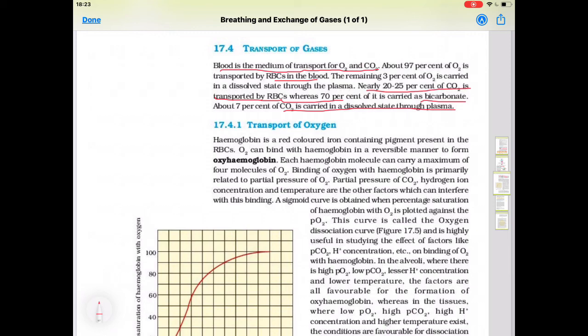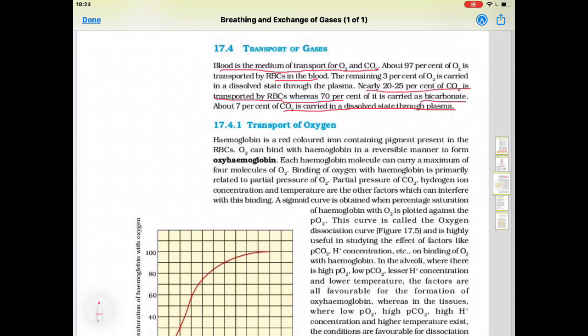So, carbon dioxide is transported in the body by RBCs, as bicarbonate ions, or in the dissolved state through plasma. This is the percentage of how oxygen and carbon dioxide are transported in our body.